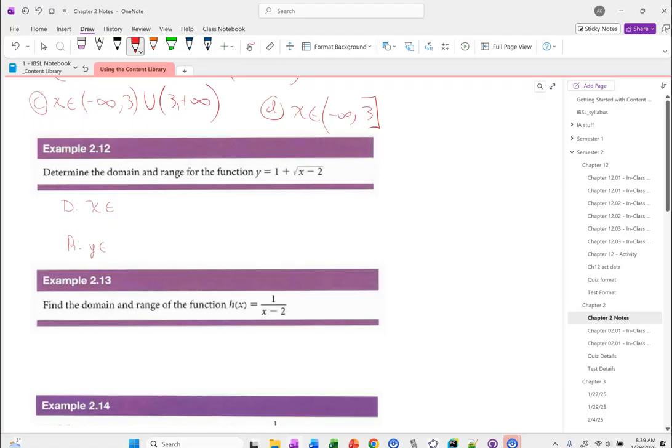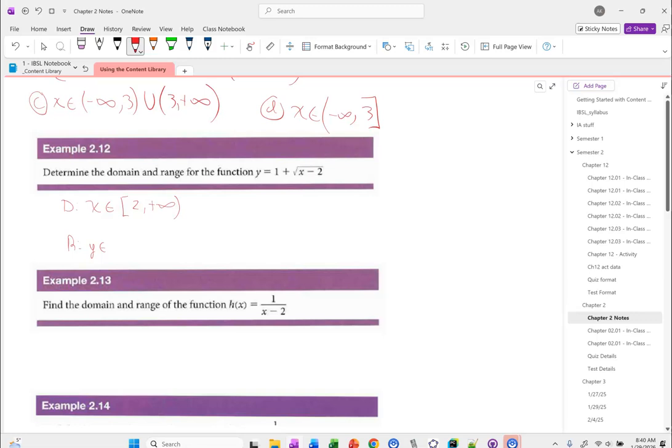Do I want the x's that are bigger than 2 or less than 2? Less. The values that are less than 2 are going to give me negatives or positives? Negatives. Do I want the values bigger than 2 or less than 2? Bigger than 2. Everybody okay there?